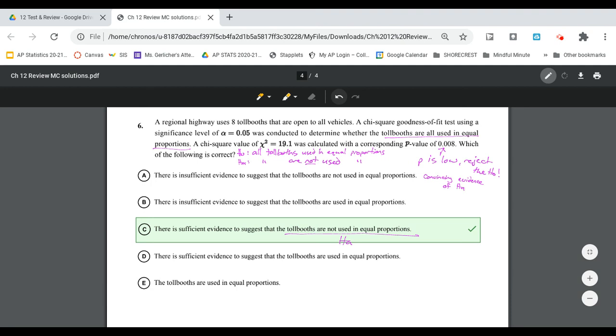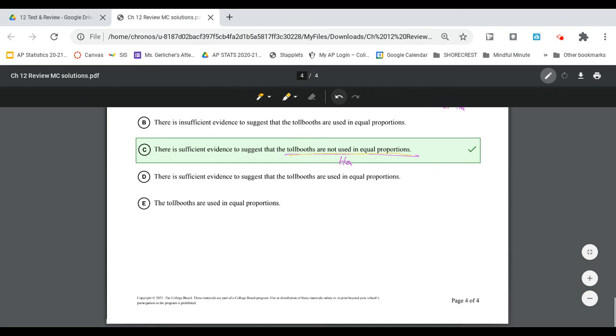But anyway, saying they're all equal is the HO. The HA is that they're not used in equal proportions, or you could say at least one of the proportions is different, another way to say it. Our p-value here is very low, so we definitely reject the HO. So we have convincing evidence of the HA, which is that they are not used in equal proportions. And that's it.